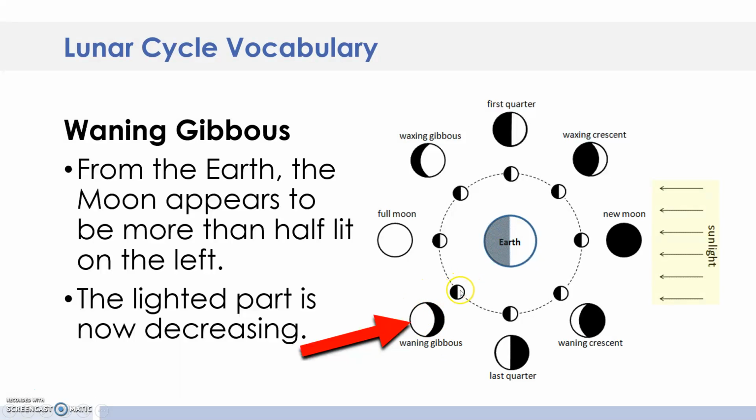So now we've gotten to this point in the revolution where now we see the majority of it is lit on that half. Just a little bit of it is in shadow. So again, it's a gibbous because we're mostly lit, but now it's waning because the light is starting to shrink in this side.